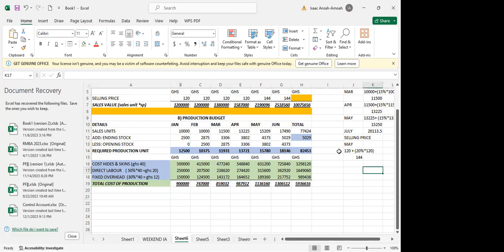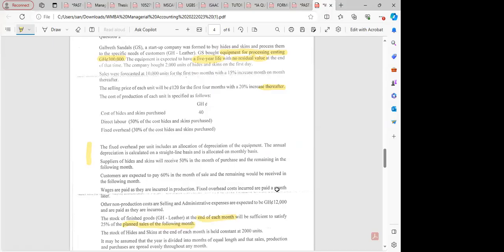We're told 100,000. The useful life of the asset is 5 years. The residual value is 0, right? So let's go to the whiteboard.